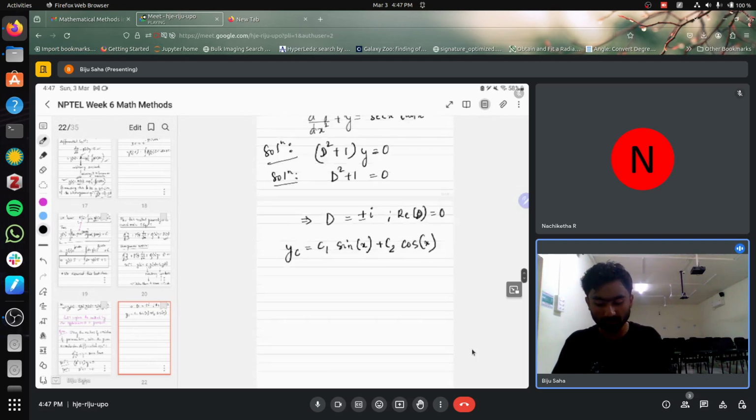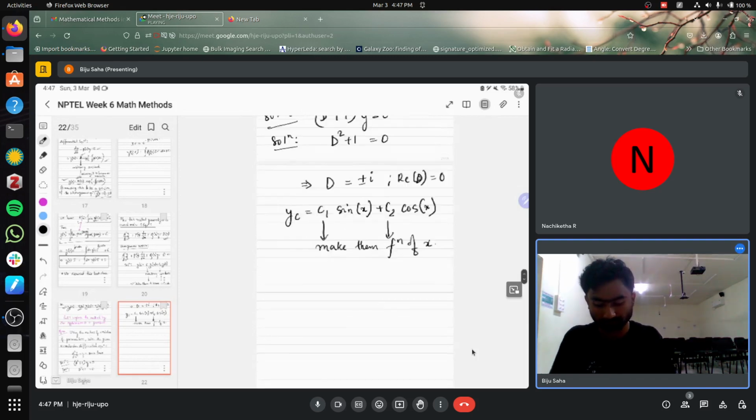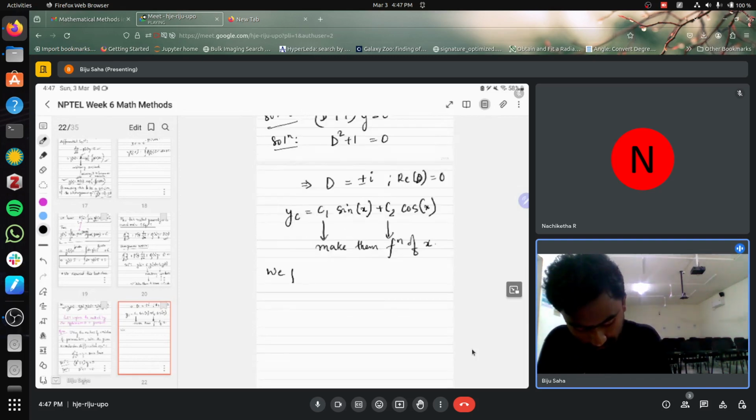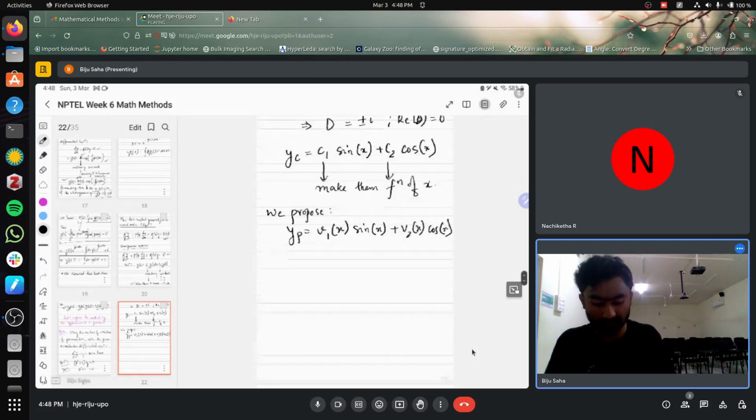So this is my complementary solution. Now my objective is to make both of them functions of x. So we propose this. We propose that a particular solution of the inhomogeneous version has this form, yeah, it has this form.